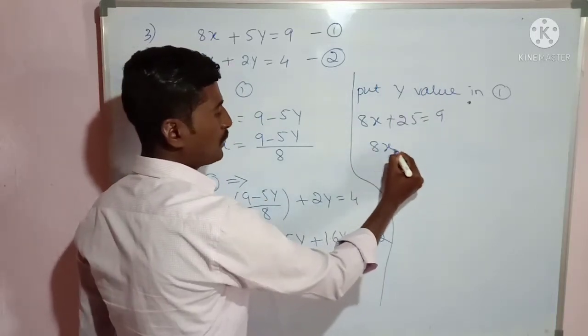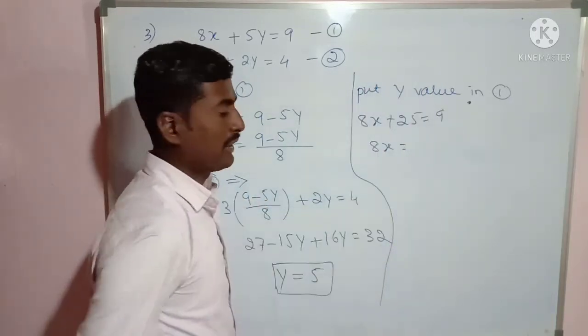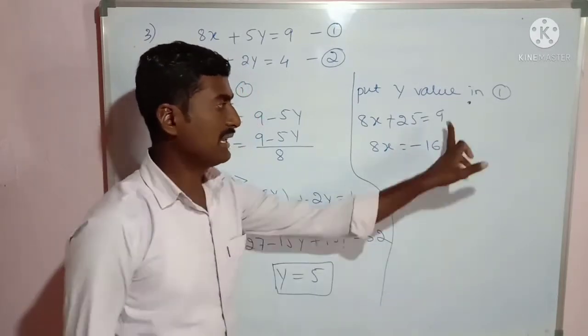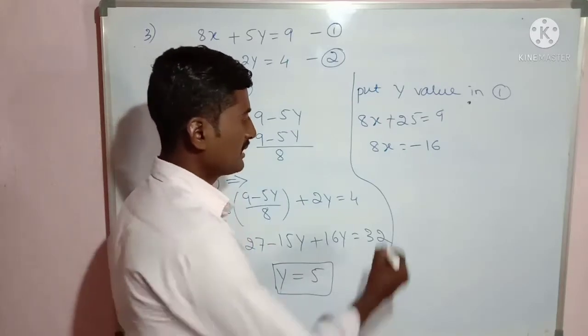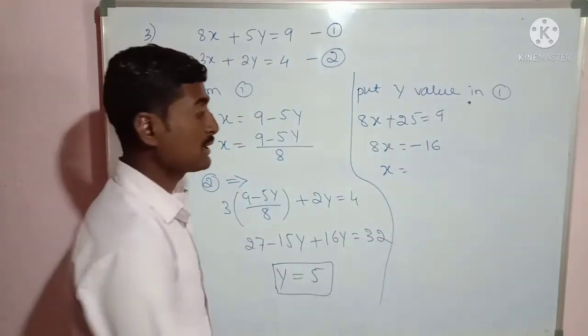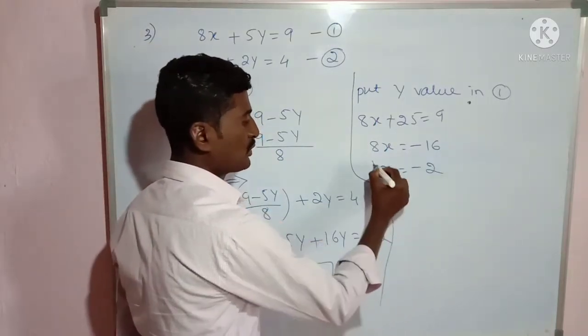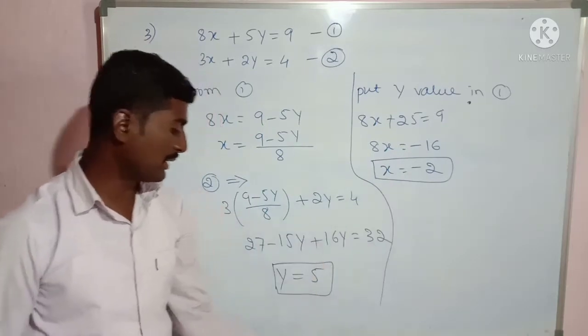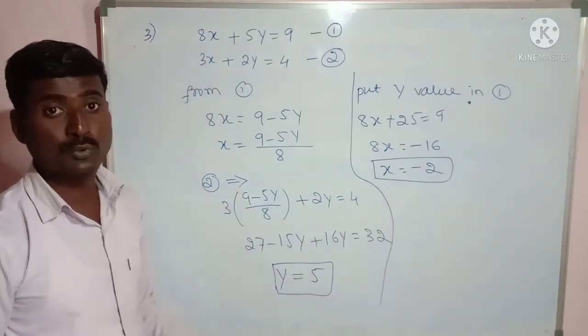Then 8x is equal to 9 minus 25. That is how much? Minus 16. Then x is equal to how much? Minus 16 divided by 8. That is minus 2. So 8 twos are 16. Okay. So we got x equal to minus 2 and y equal to 5 by substitution method.